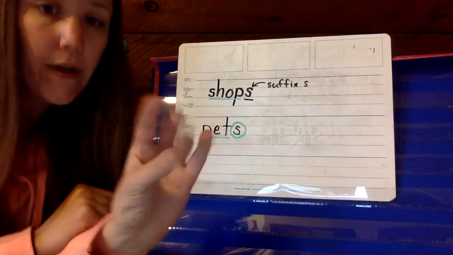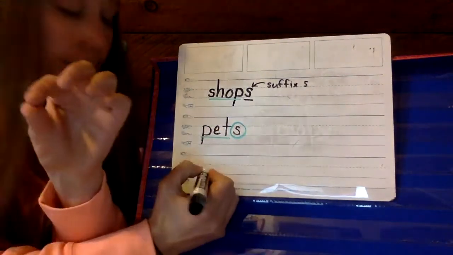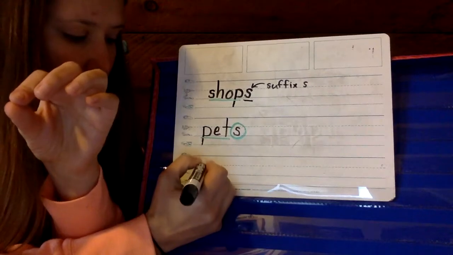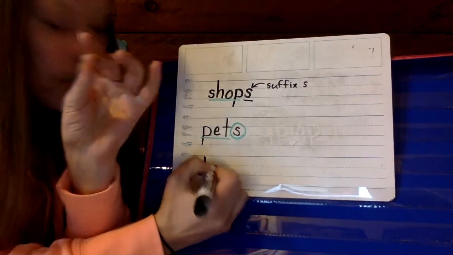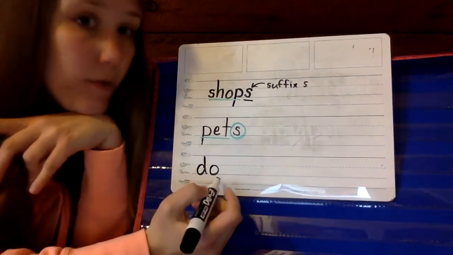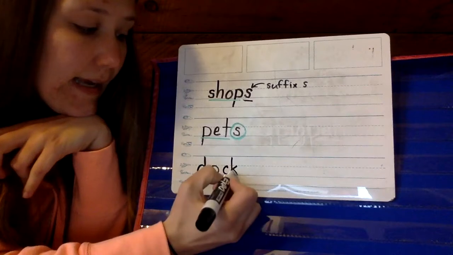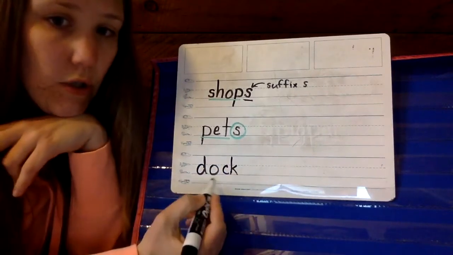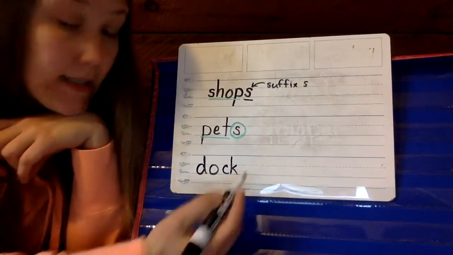D-A-W-K, dock. And now let's write it. D is that D sound. A. K. We have the K sound at the end of a word after a short vowel, so we know it's C-K. D-A-K. But the whole word was docks.